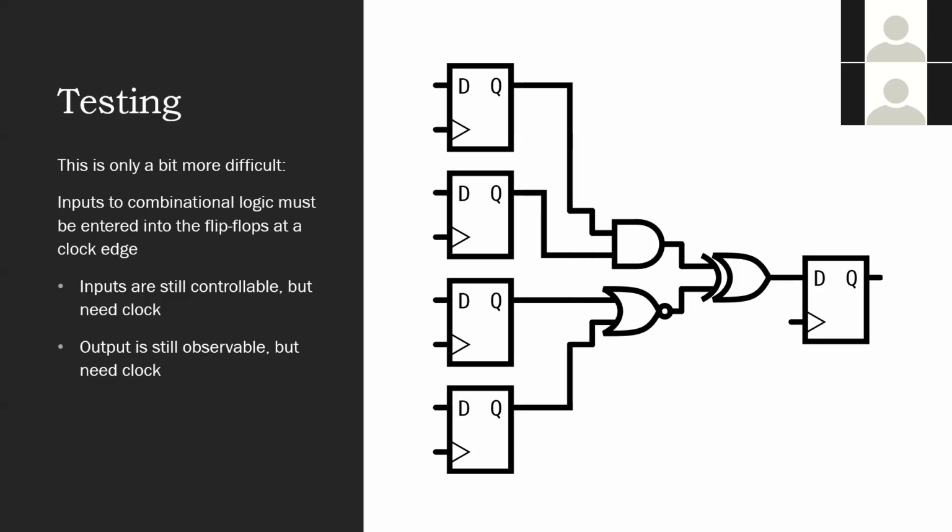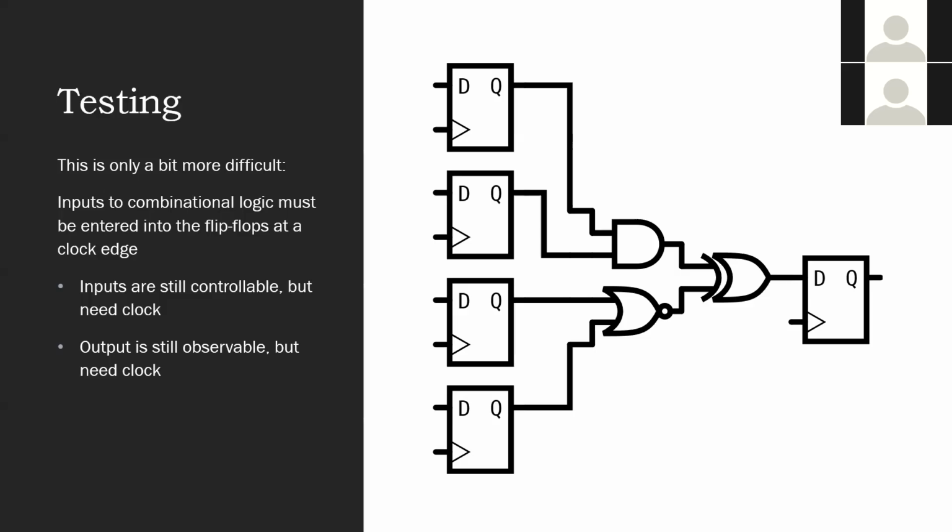Now, how does this complicate testing of this combinational circuit? Well, it only makes it a little bit more difficult. I simply have to now apply a clock to all the 5 flip-flops, and then I put the values that I want to drive through the combinational circuit as inputs to the flip-flops.